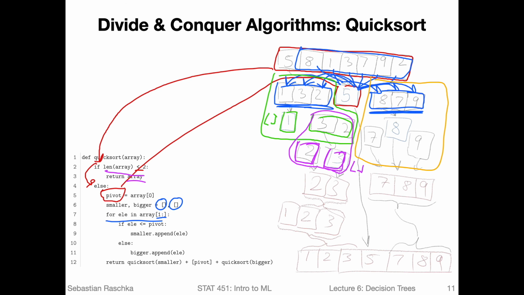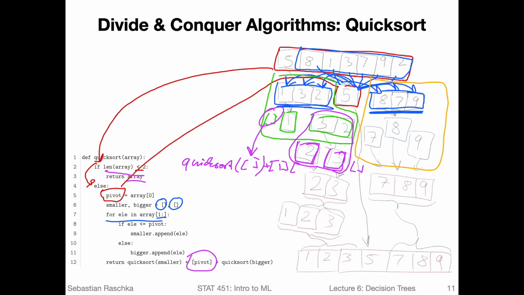And then note that we have a plus here in the center. So in the previous round, when we executed the code, we had basically a quicksort of nothing, because this was empty. And then we had the pivot, so we had the 1 here, so plus 1.